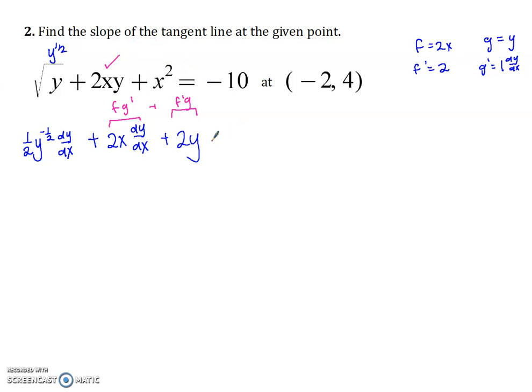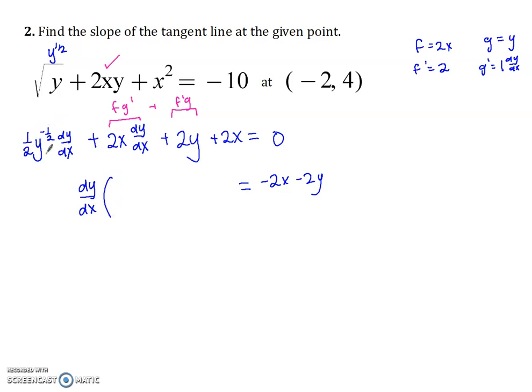Then we have to take the derivative of x squared, which is just 2x, equals the derivative of -10, which is 0. I'm going to leave these two over here, move those two over, so that will give me -2x minus 2y. These two I'm going to GCF out the dy dx.